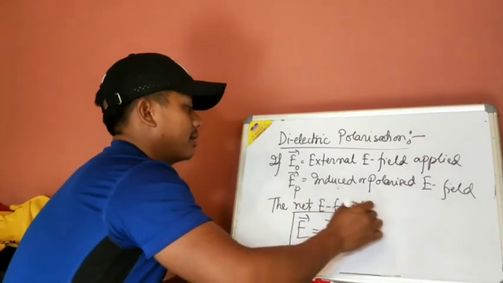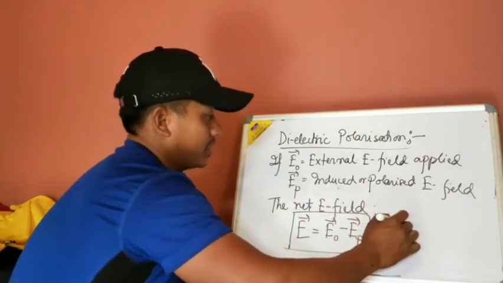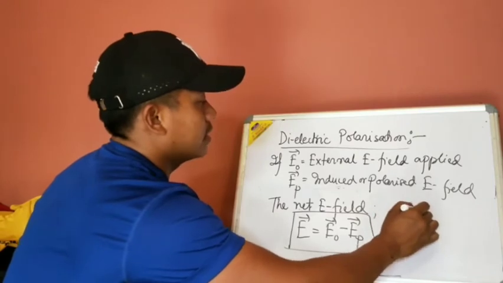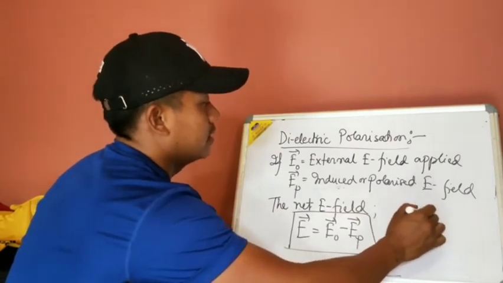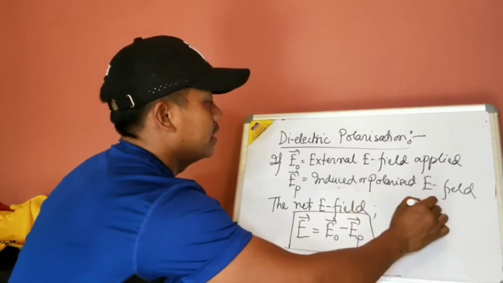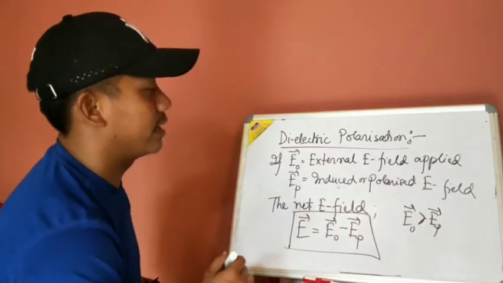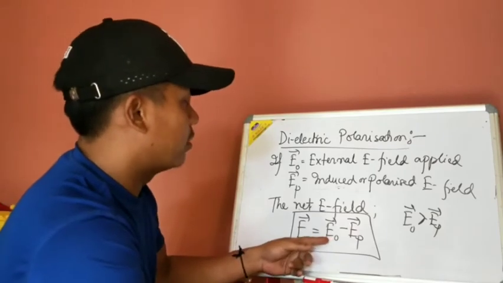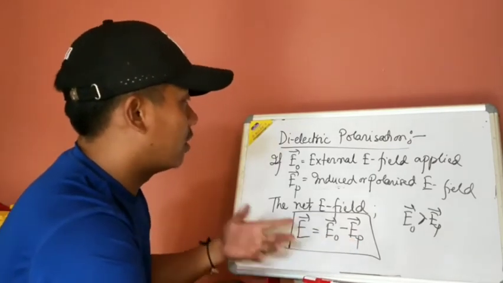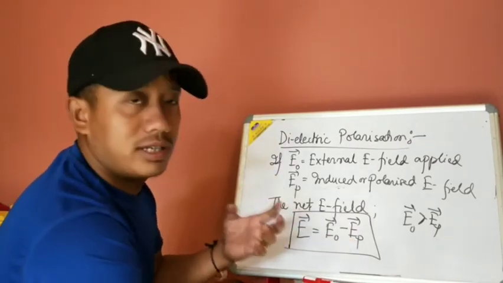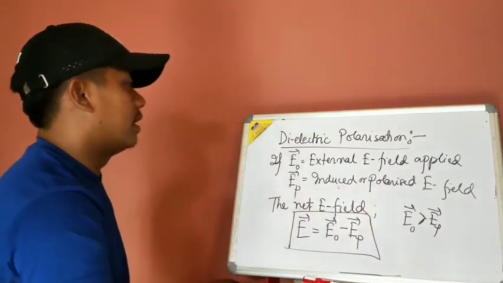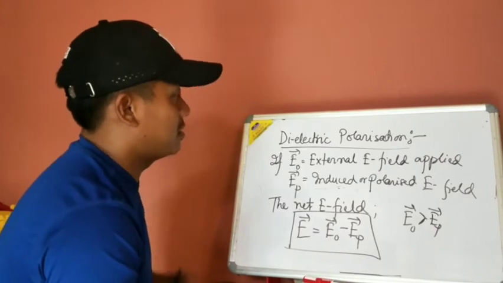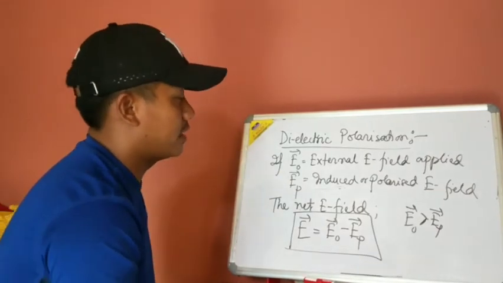For dielectric substances, E naught is always greater than EP. The resultant electric field always exists with a non-zero value, some positive value. This is what happens in a dielectric material, and the process is known as dielectric polarization.